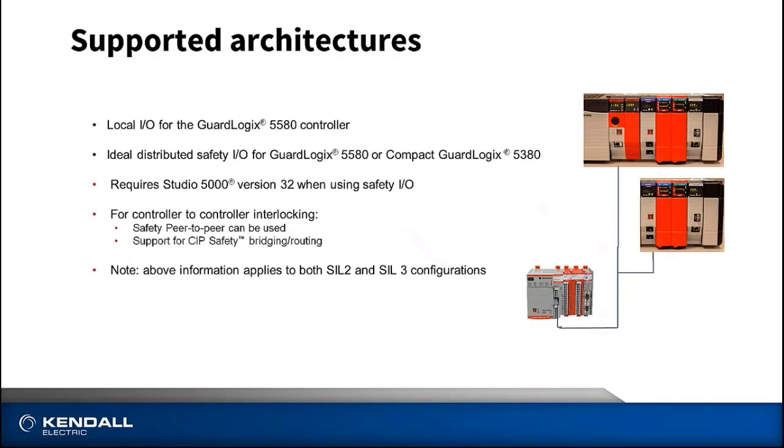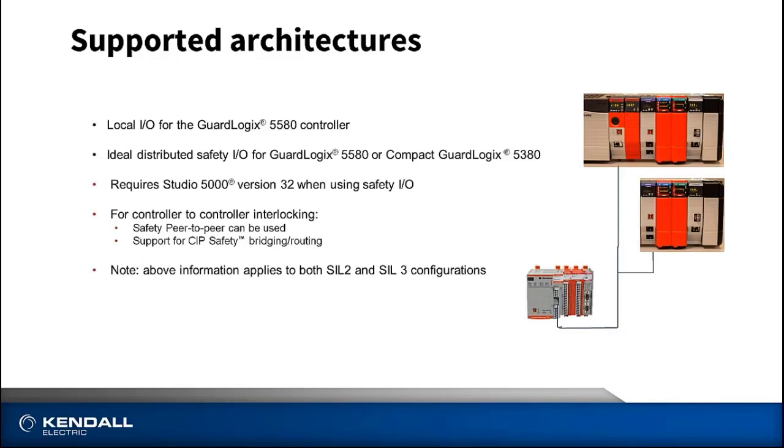This slide gives you an idea of how these safety modules can be deployed. So in the top picture there, we see an example of the modules in the 1756 chassis right alongside the L8 series processors. So these can be local I/O to a GuardLogix controller right in the same chassis, or they could be distributed I/O. So the second picture down shows the same safety modules in a chassis with an Ethernet adapter.